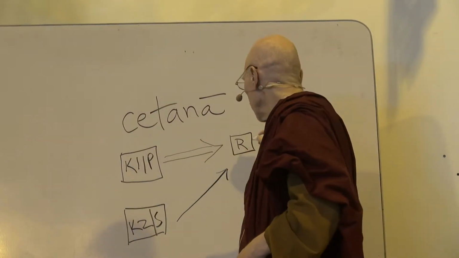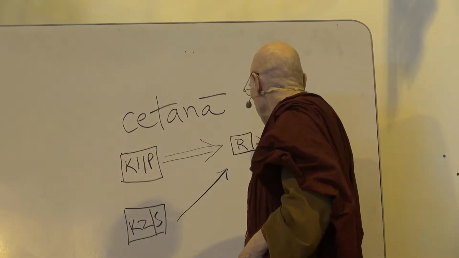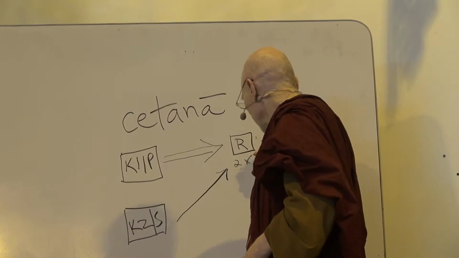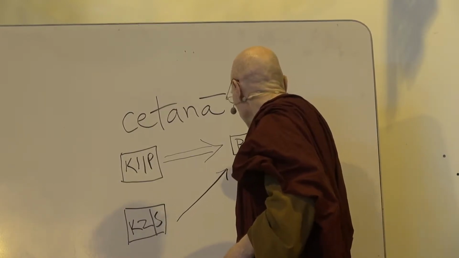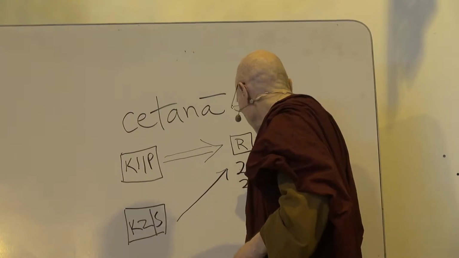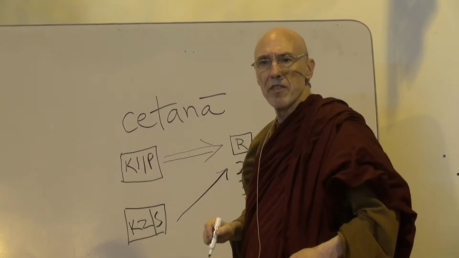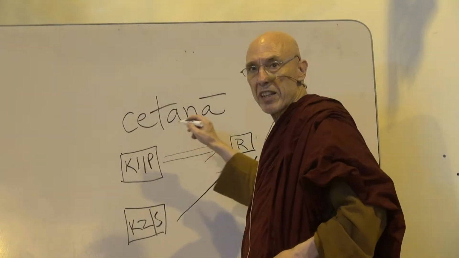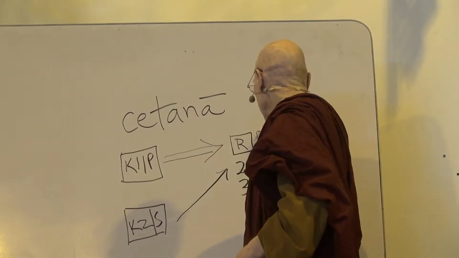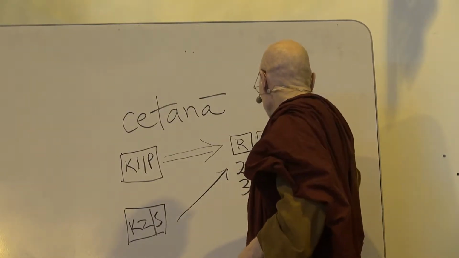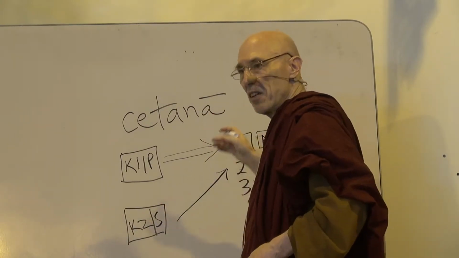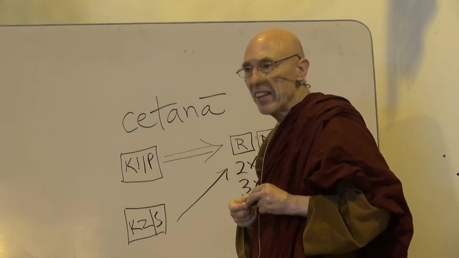So the result comes maybe 2 times, three times more severely than would happen just through the original productive karma, or else it might enable the result to be repeated over and over, so it becomes extended.